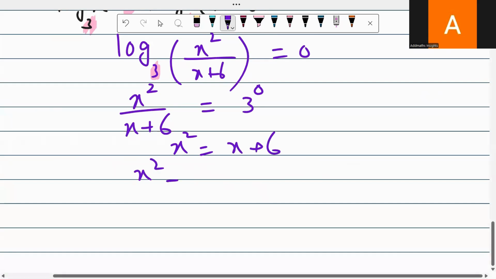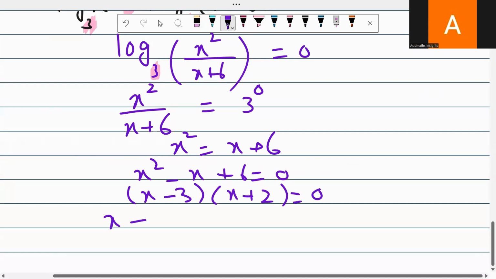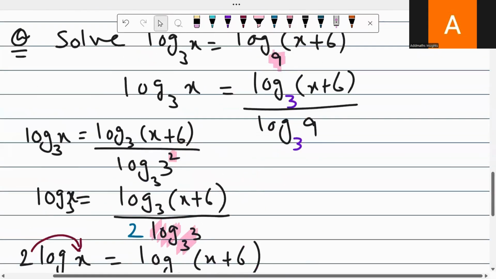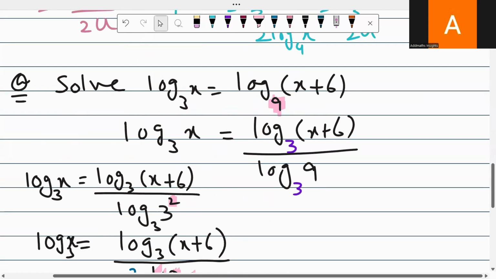Now you are getting a quadratic equation, and you know how to solve a quadratic equation. We make factors, and this is how you find the values of x. Now you are getting two values of x. To get the right answer, you have to substitute these values in the given equation over here, and then check both sides of the equation.